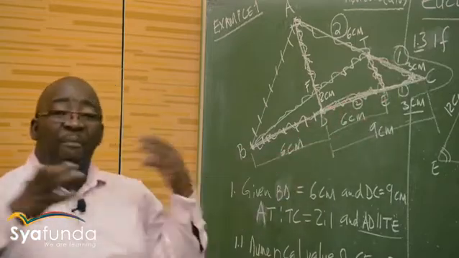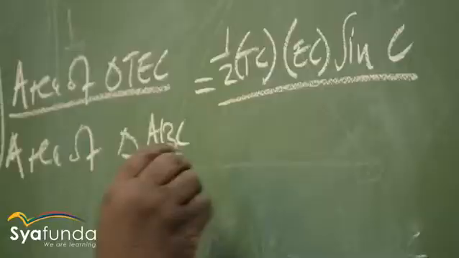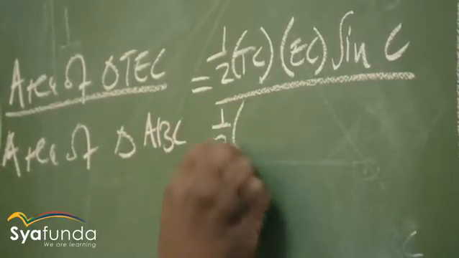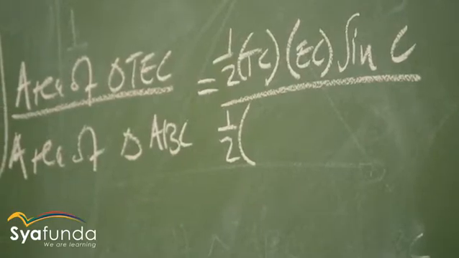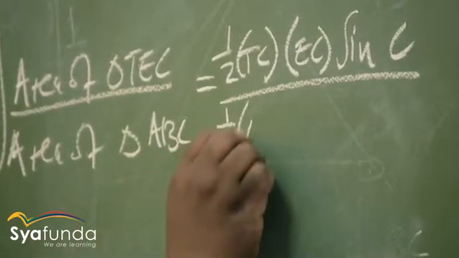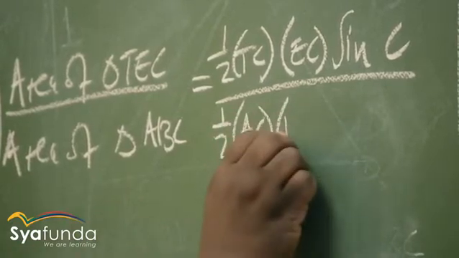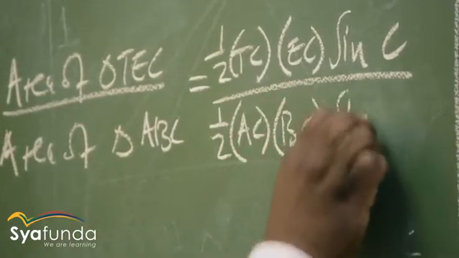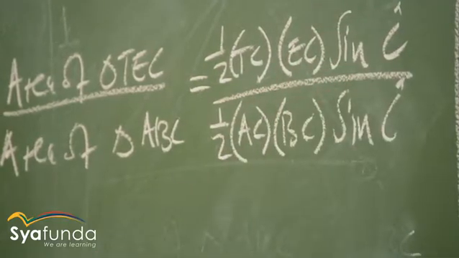So the other one will be half of AC times this other side, which is BC, sine of the included angle, which is C, sine of angle C.